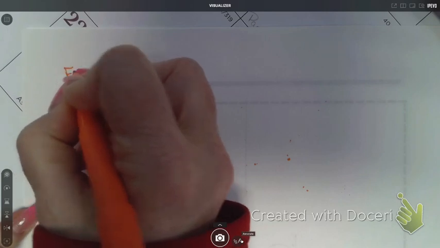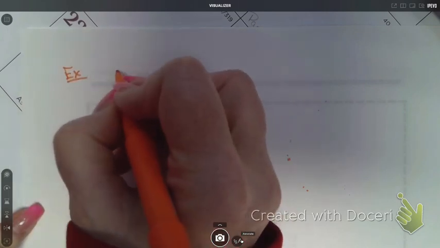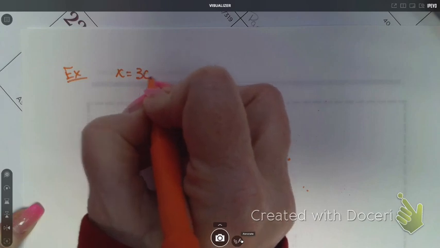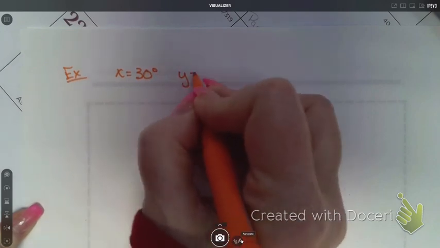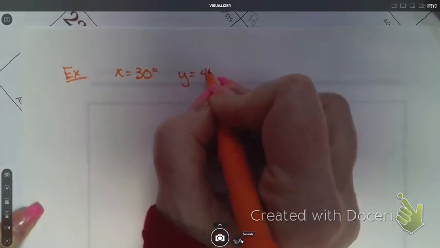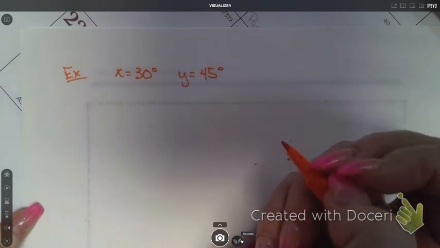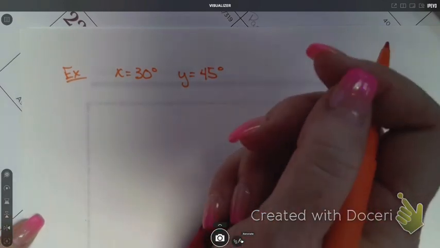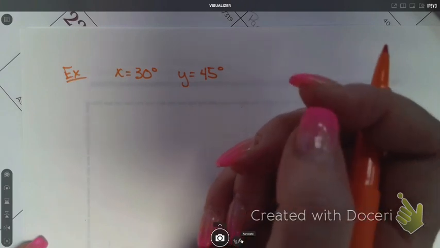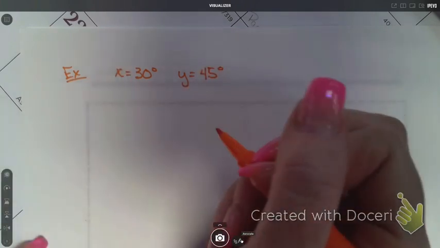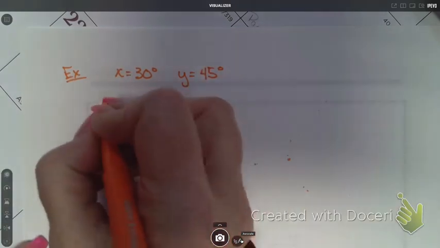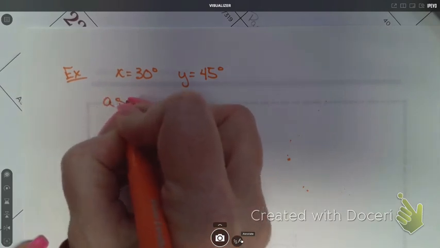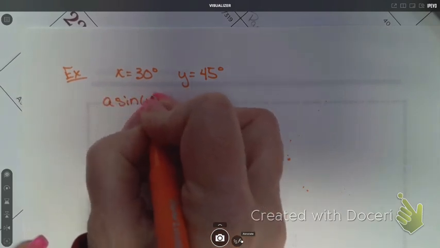Okay, more examples. We're just using the stuff that we know. I'm going to tell you x is 30 degrees, y equals 45 degrees, and then it says, for each of the expressions that follow, let these be, then simplify the expression as much as possible. So I have 2 sine of x.